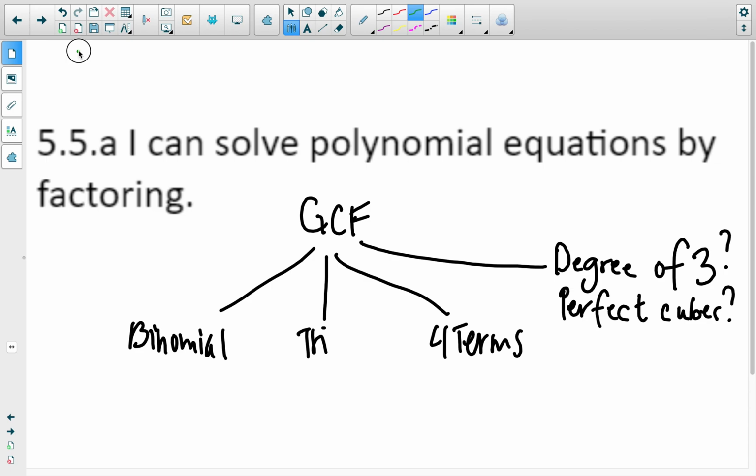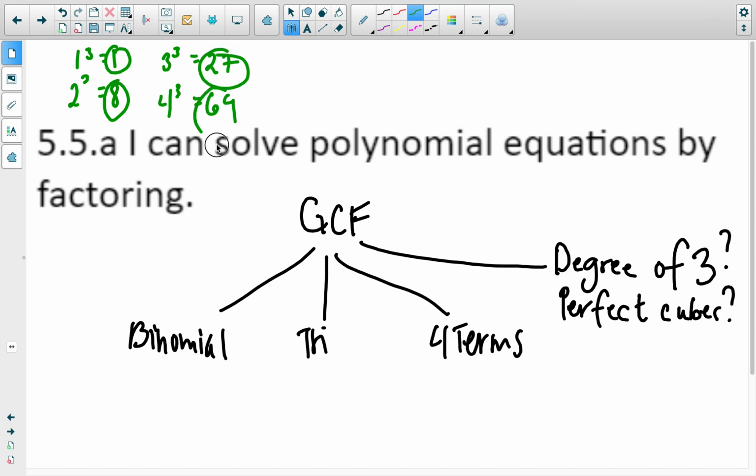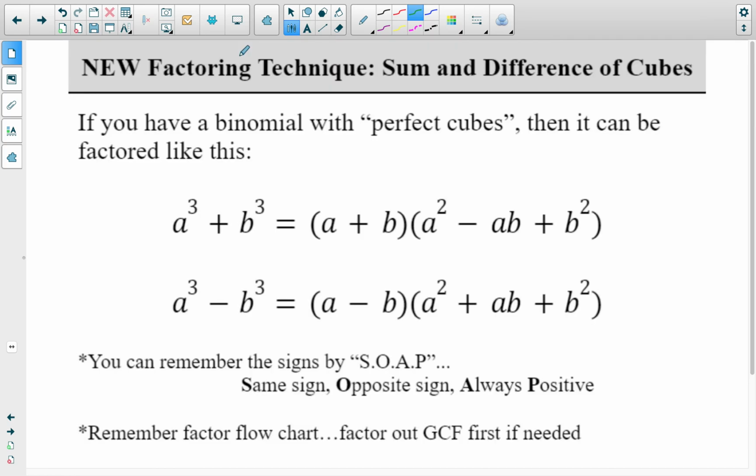So 1 to the third power is 1, 2 to the third power is 8, 3 to the third power is 27, 4 to the third power is 64. Okay, so then these numbers are called perfect cubes. Whenever we take an integer and raise it to a third power, we get a perfect cube.